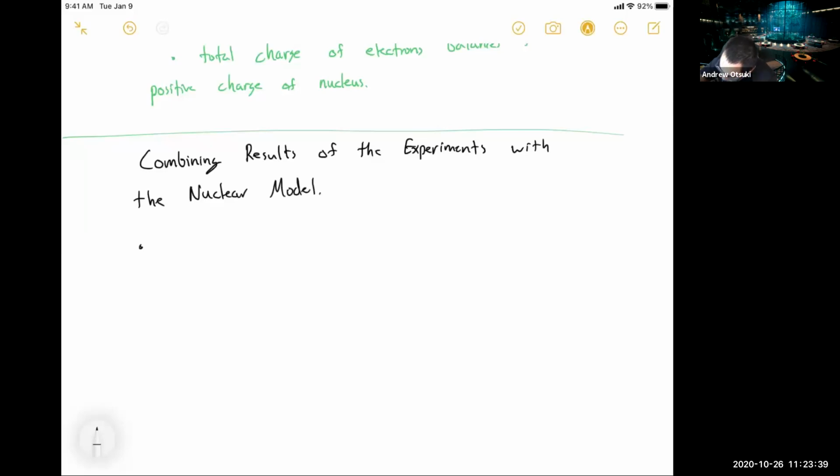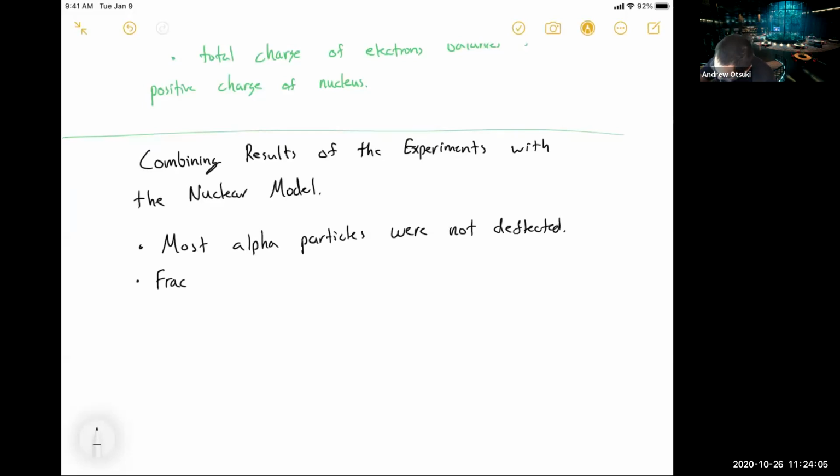One, most alpha particles were not deflected, confirming that most of the atom is empty space.